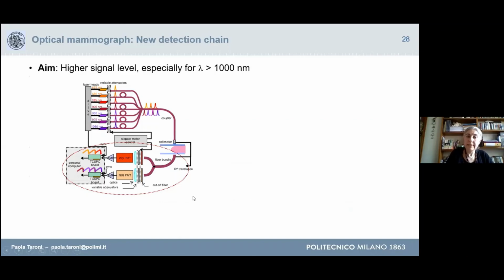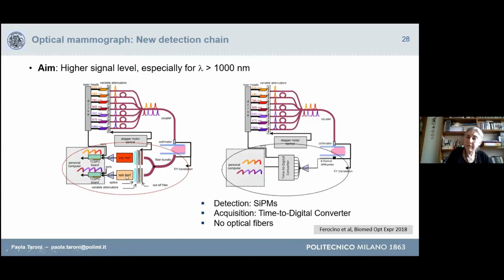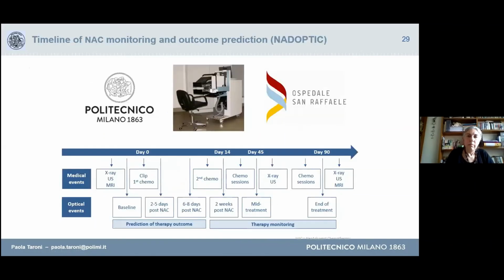So we replaced the old detection chain: we replaced the photomultiplier with a silicon photomultiplier probe with 8 silicon photomultiplier detectors with a high sensitivity, and this allows us also to remove the optical fibers. And we are now using a time to digital converter with high throughput to be able to collect a higher signal in the measurement.